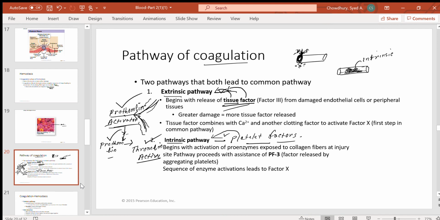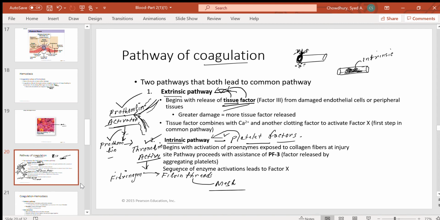Okay, now the active thrombin will do what? You remember in the last slide I showed you the plasma protein fibrinogen will be converted to fibrin thread, and will form a mesh.